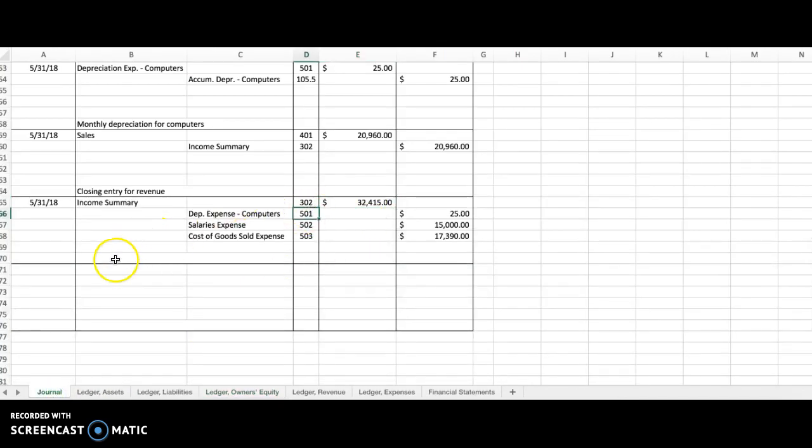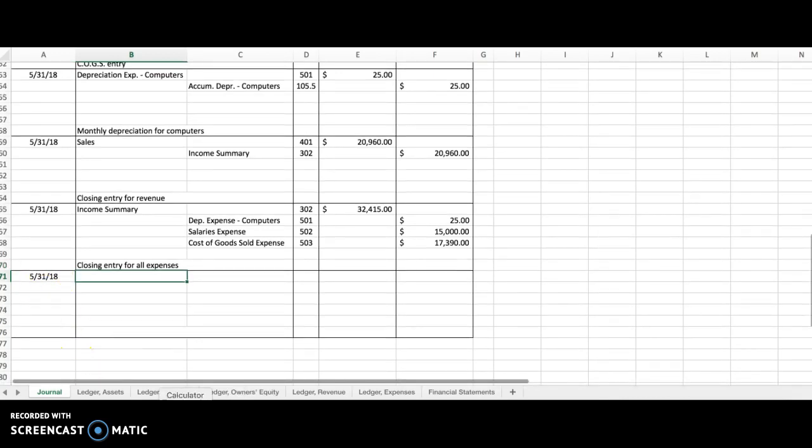So this has the effect of closing all the expenses. So we've had one entry to close the revenue account, one entry that will close the expense accounts, and now the third entry is to close the account we just started to use. We need to close income summary.